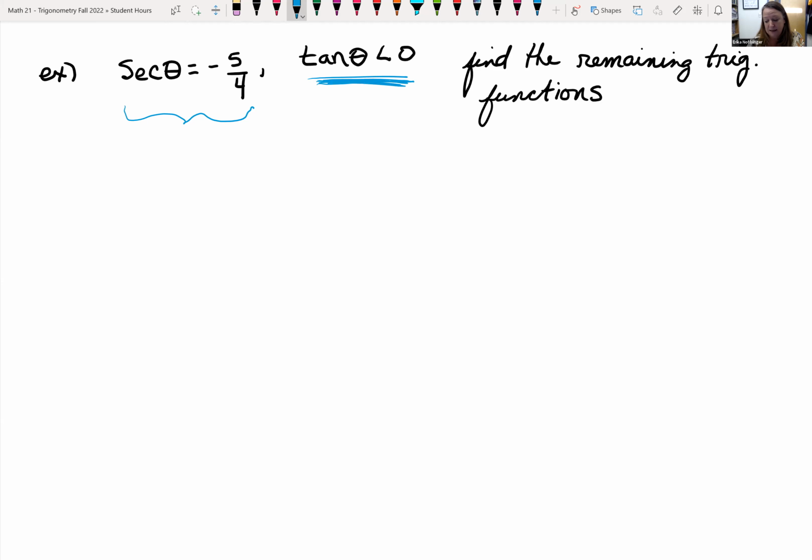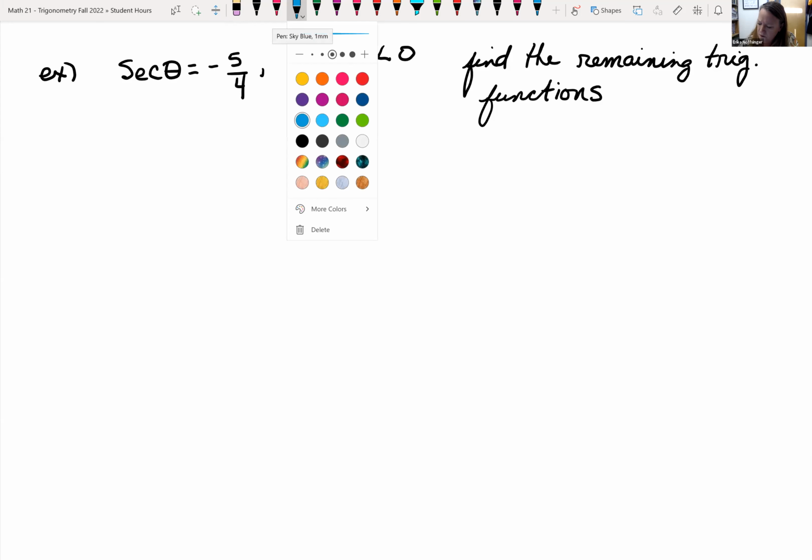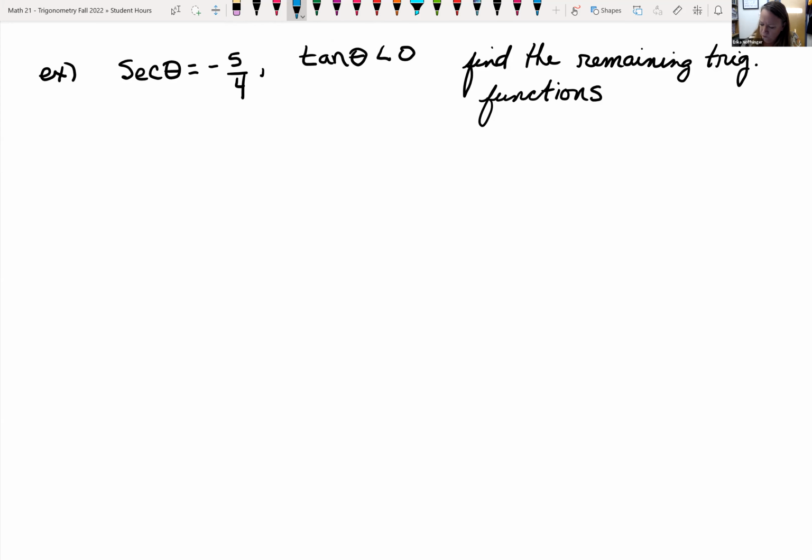Sine theta would have to be positive if cosine is negative, so that would have to be in the second quadrant. So we know that theta is in quadrant 2. That's going to help us with what sine is, our trigonometric function at that angle.